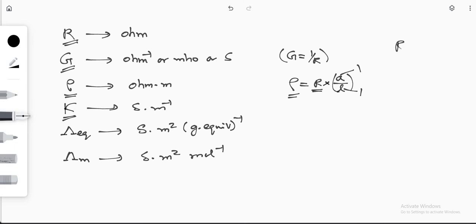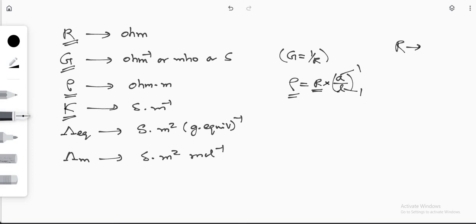Students, resistance may vary depending upon the distance between the electrodes, the solution, and the concentration. The resistance will vary depending upon the distance between the two electrodes and the area of cross section.